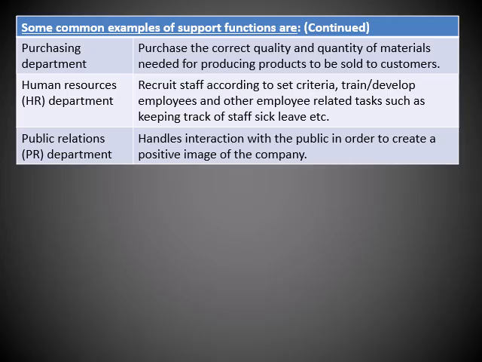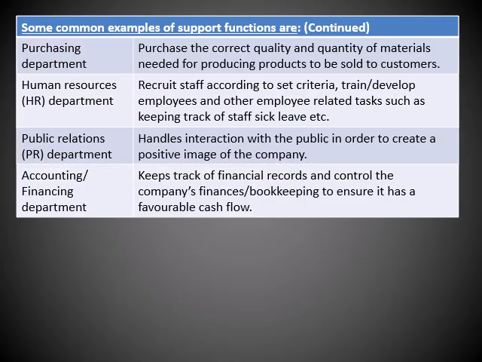Public Relations Department or PR department, what does it do? It handles interaction with the public in order to create a positive image of the company. In other words, they will represent the company when it comes to interacting with the general public outside of the company.